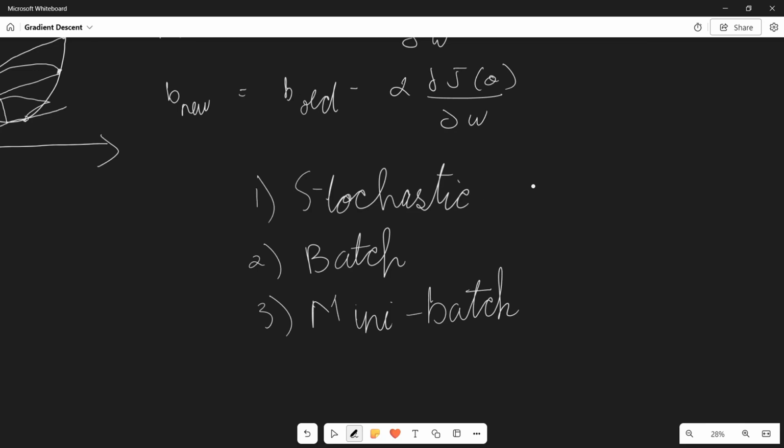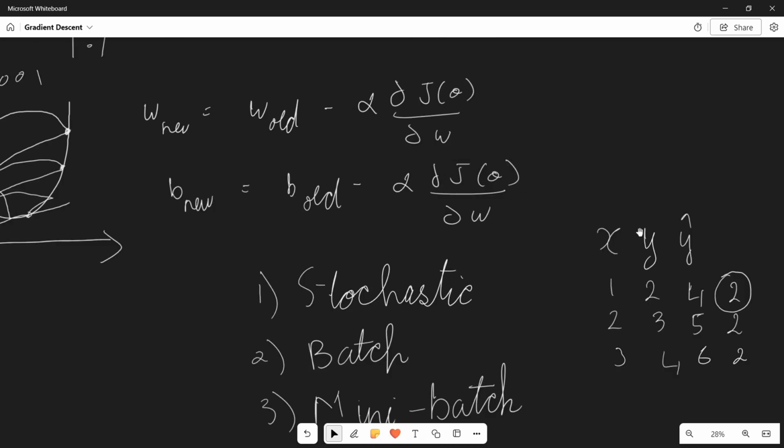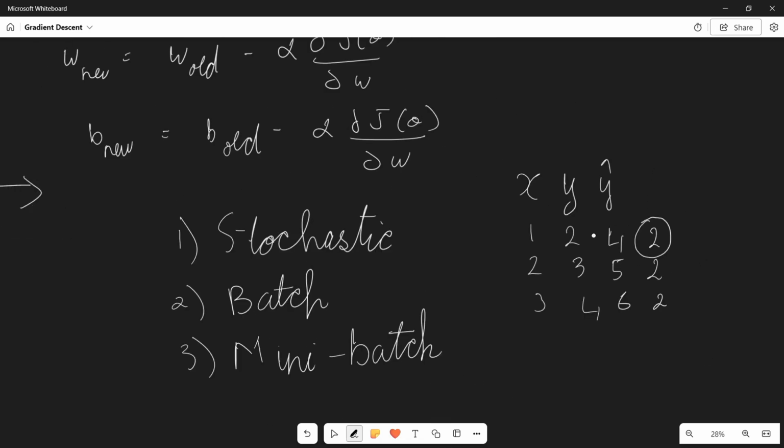Stochastic means for each data point in my data set, weight updation will happen. Say for example, the error difference is 2, 2, 2, and then the gradient descent will happen by the utilization of these two equations. My new weight will be updated for each data row in stochastic gradient descent.